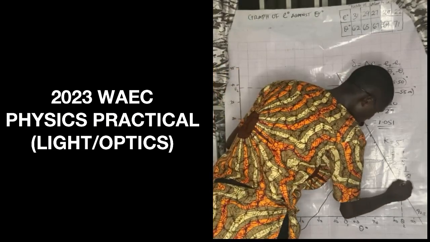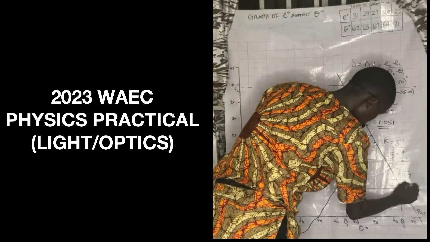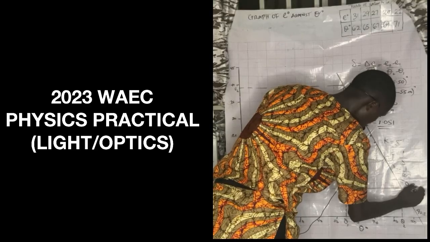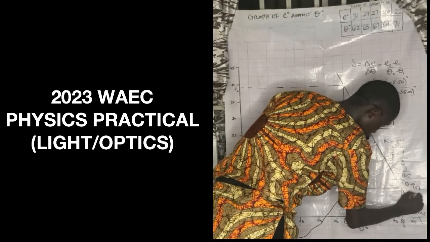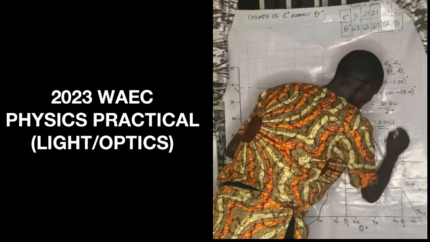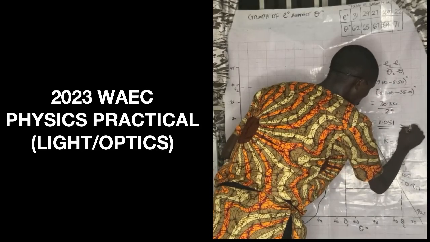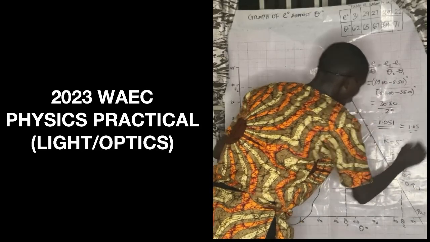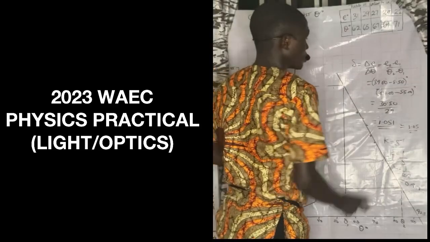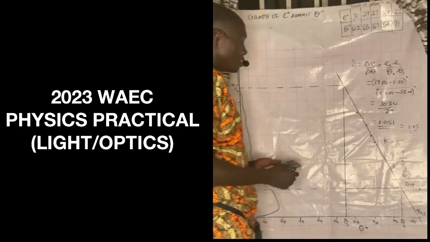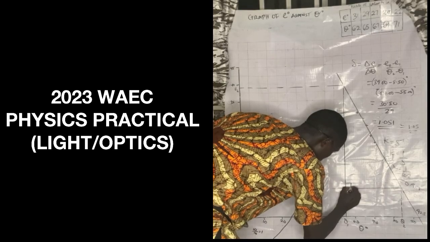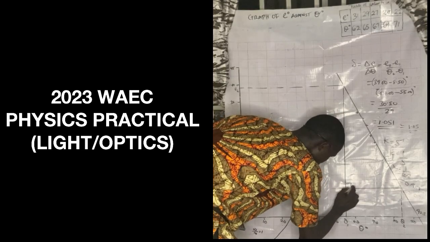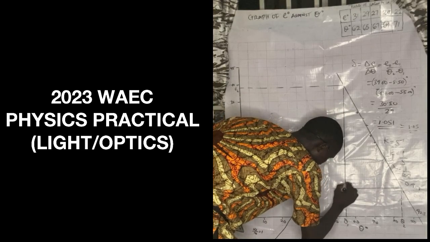We have 0.951, and projecting to 2 decimal places, 0.95, as well as this one to be 1.05. There's no unit. This is dimensionless because degree cancels degree. So that's how your slope works.